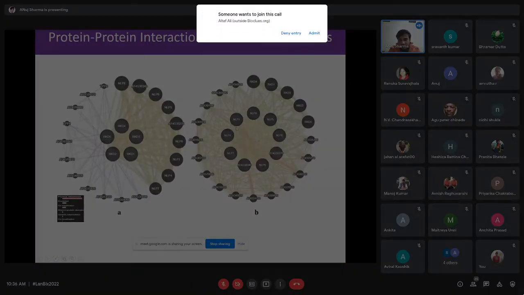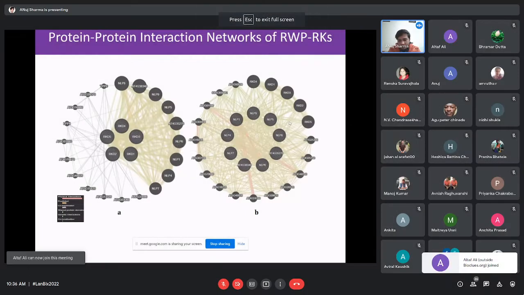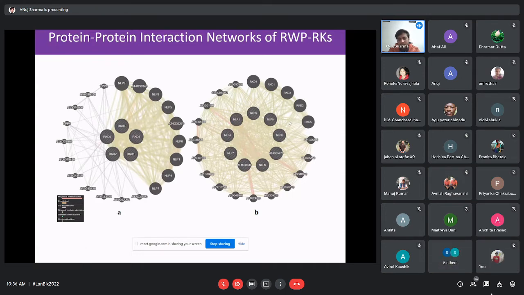We also found some interactions of NLPs with RKDs. So these are the combinations of NLPs and RKDs, and how they interact with each other and respond to nitrogen starvation, and not only nitrogen starvation but also other abiotic stresses like drought, heat, and cold.